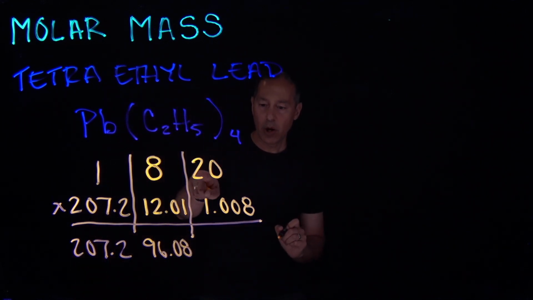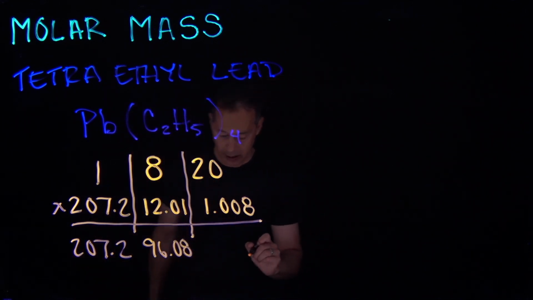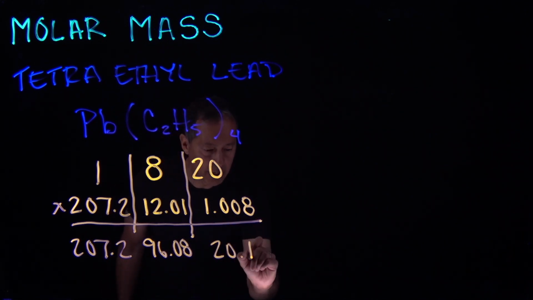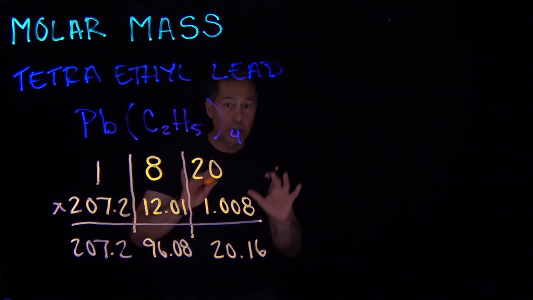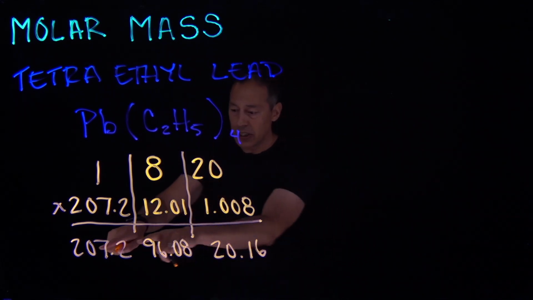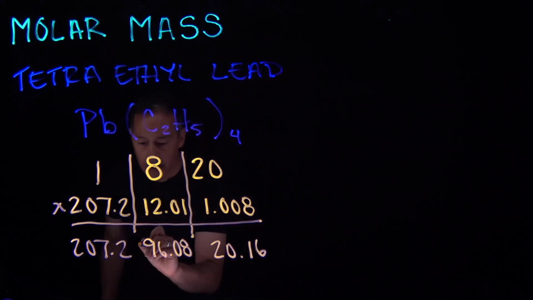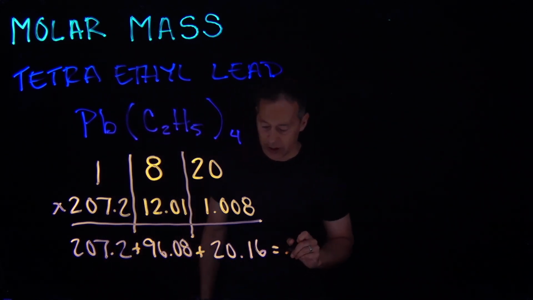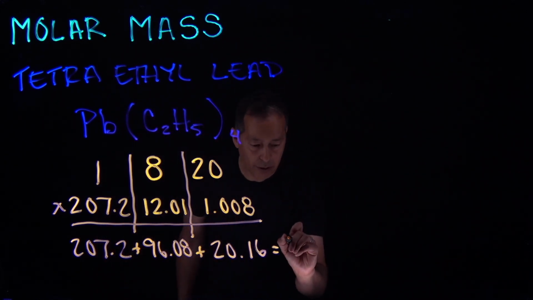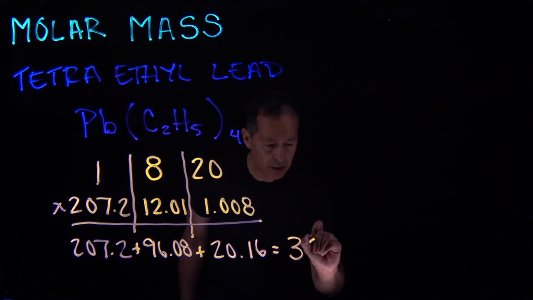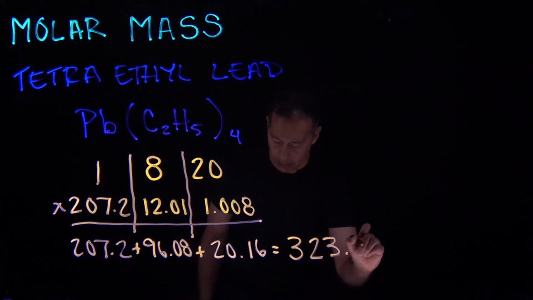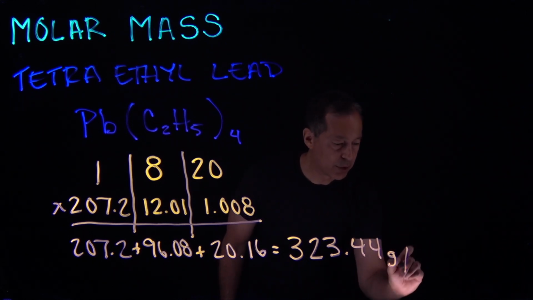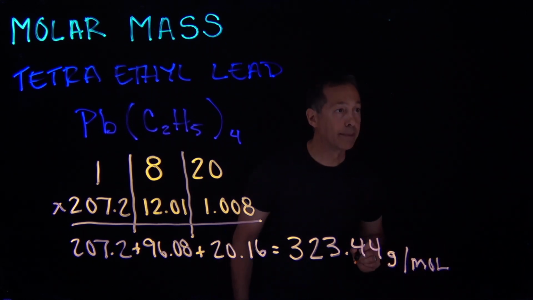And then I'll have 20 times 1.008, and that'll give me 20.16. And then to calculate the molar mass now, I just need to add these numbers together. This gives me about 323.44 grams per mole.